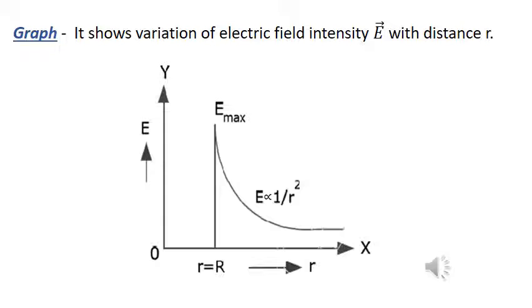There is no variation. At r equal to R, the electric field intensity is maximum, as we studied in point 2. After that, when we go outside the spherical shell, in case r is greater than capital R, the electric field intensity will be inversely proportional to square of small r, as we studied in the first topic of today's lecture.